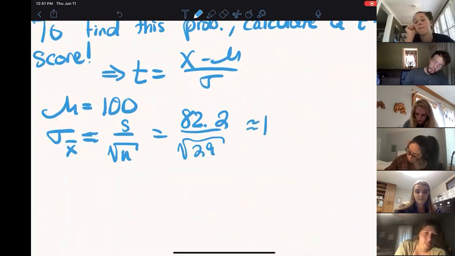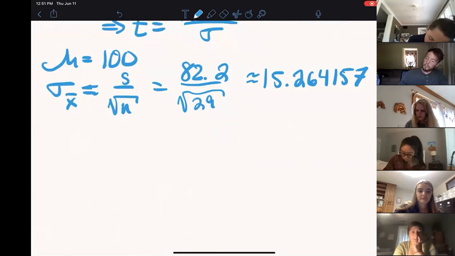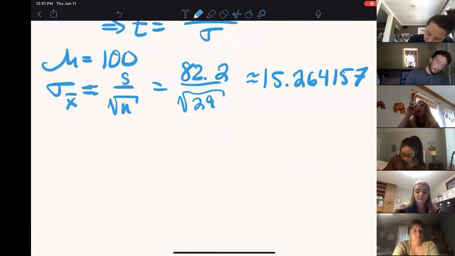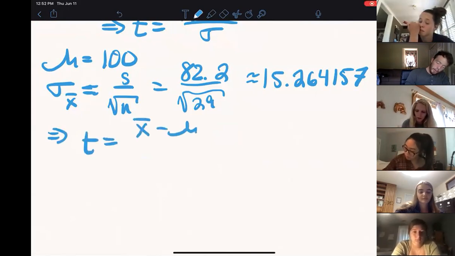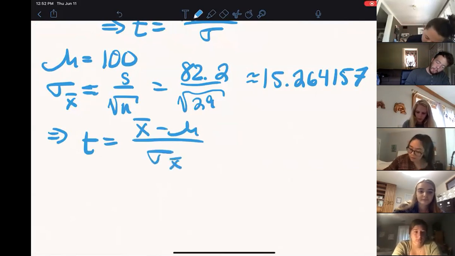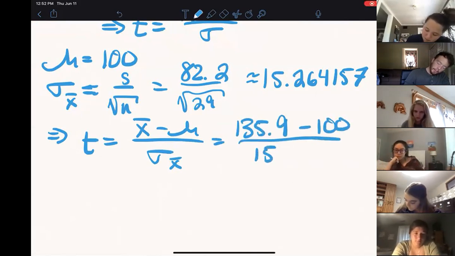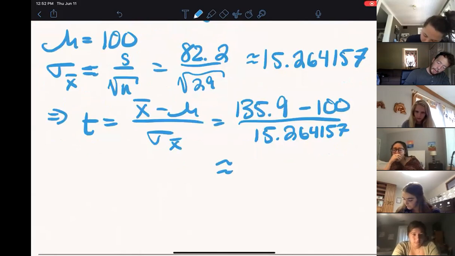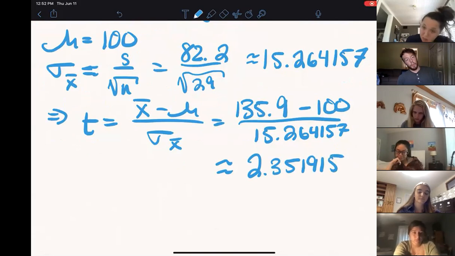Which is 15.264157. Thus, the t-score here is going to be our point estimate minus mu over our standard error, which is 135.9, the sample mean, minus our null value, 100, divided by this value we just calculated, 15.264157. This is going to be approximately 2.351915. Okay, so we have a t-score.